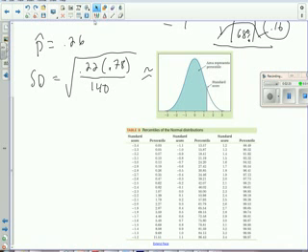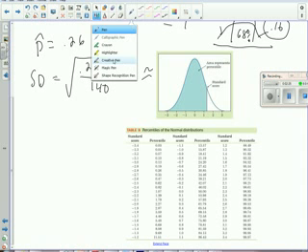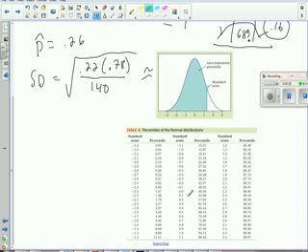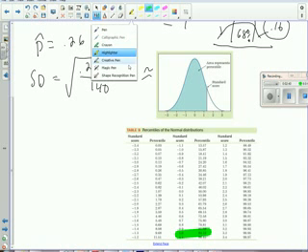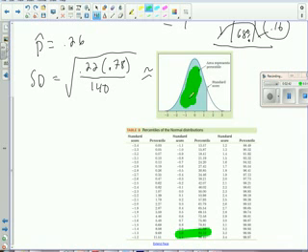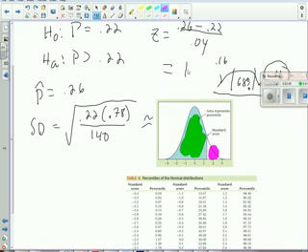So looking at this table B, we want to find a z-score positive 1, which is right there, 0.8413. Since we want to go to the right of that, because remember, table B tells us this area here, and we want this upper area because HA is a greater than.